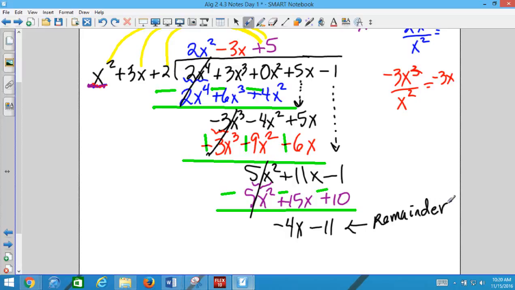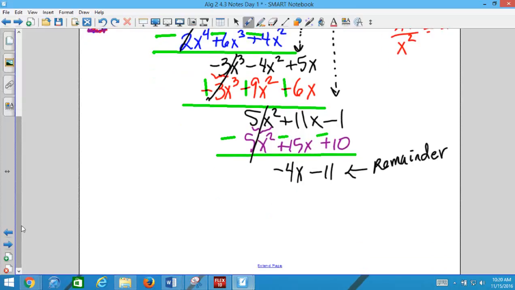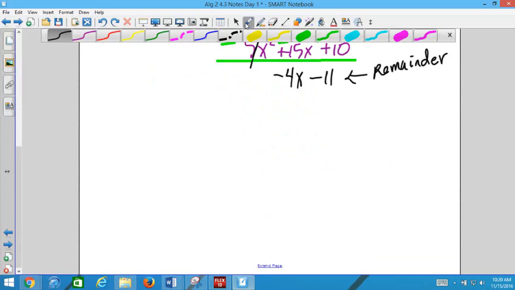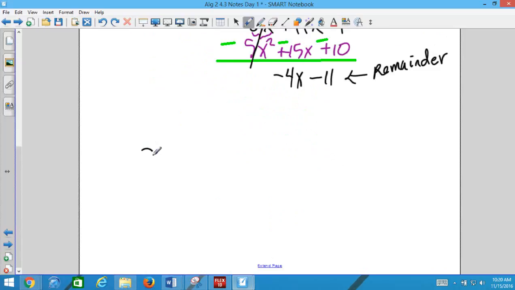To write the answer, we're going to write the remainder as a fraction over the original divisor. Okay, so I'm going to write my answer down here. Final answer. On top of that division bar, we had 2x squared minus 3x plus 5.